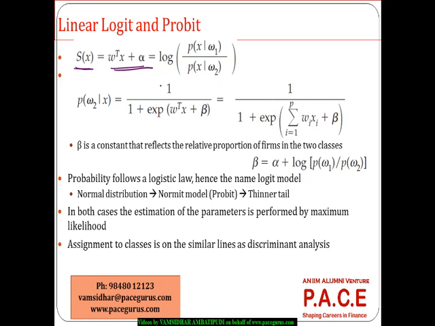Based on this, with a slight mathematical working around, I can come out with the probability of omega 2 given X, which comes out with this kind of a formula.